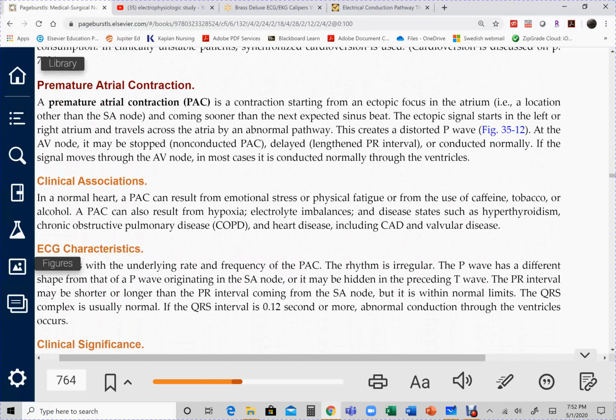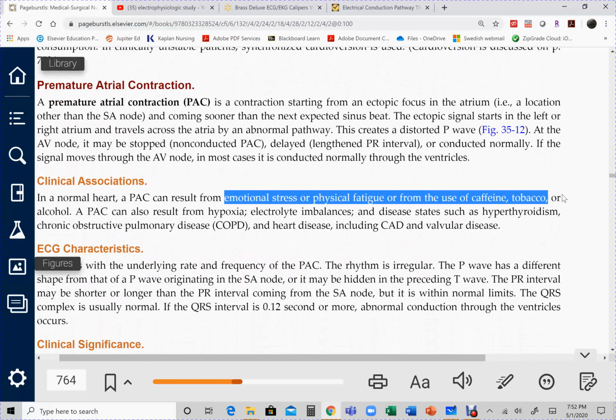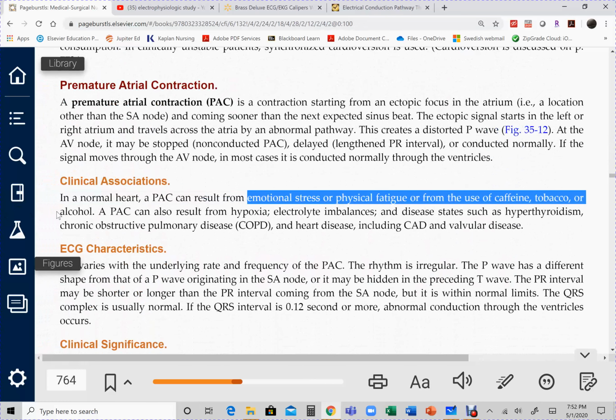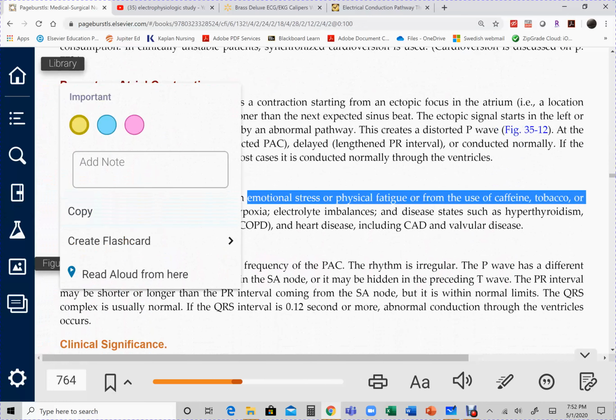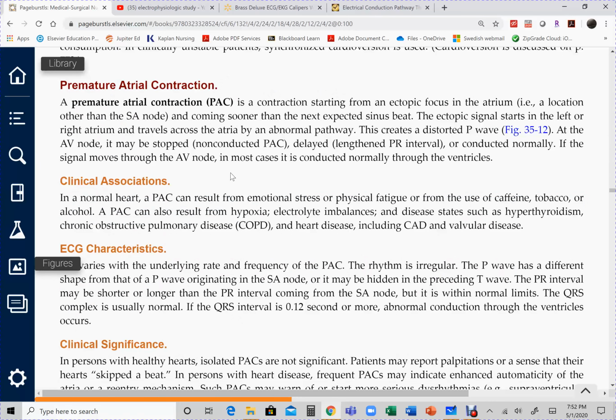Okay, so clinical associations, it's caused by fatigue, emotional stress, coffee, smoking, alcohol. So coffee drinkers, be careful, this can trigger PACs. A PAC is not really serious, but it's a dysrhythmia nonetheless, right?